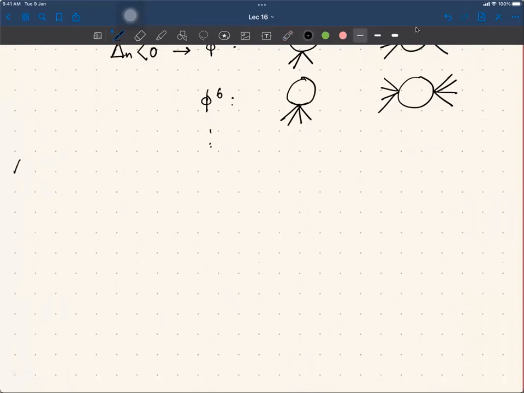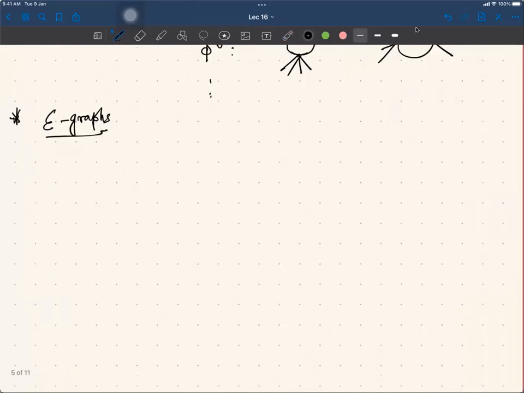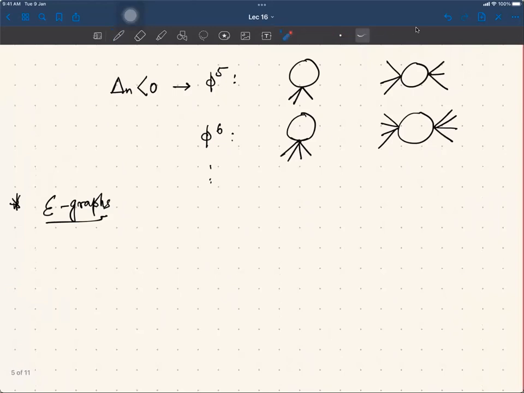Now let us look at E graphs. Starting from such a P graph, a primitively divergent vertex, you can add more loops on them. For example, you form a loop like this, and try to create more graphs which are divergent, which have omega greater than or equal to 0.